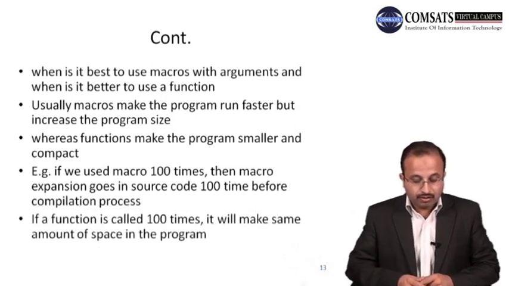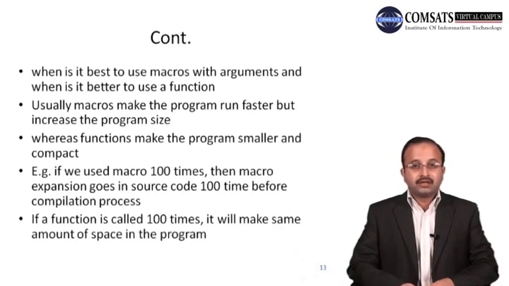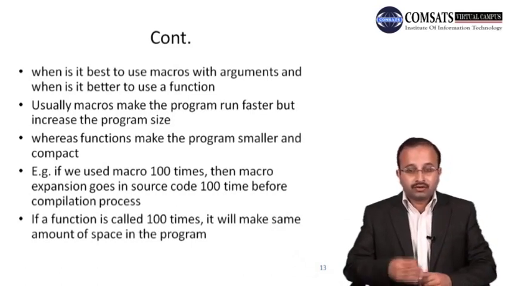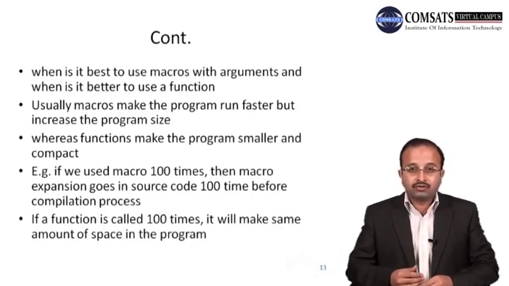But if a function is called 100 times, it will take the same amount of space in the program. But जब function call होगा, the control will be transferred to the function, the function executes, and then the control will be transferred back.